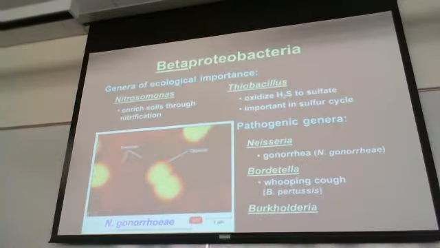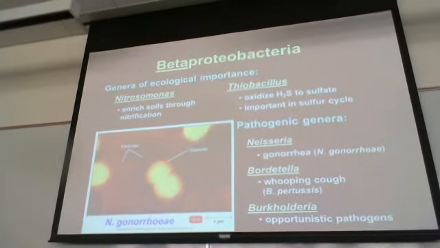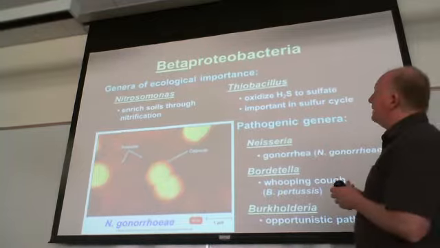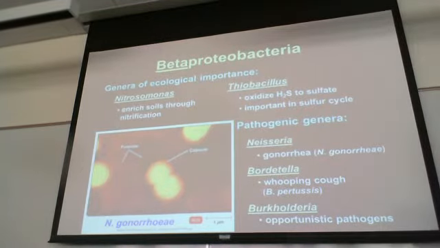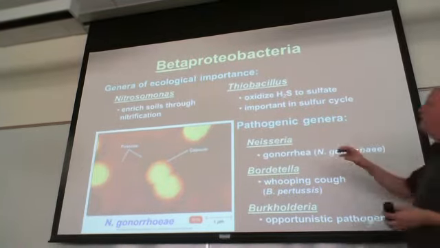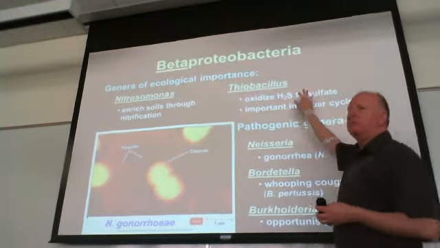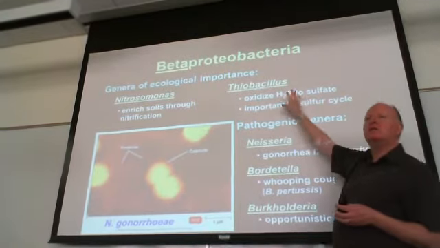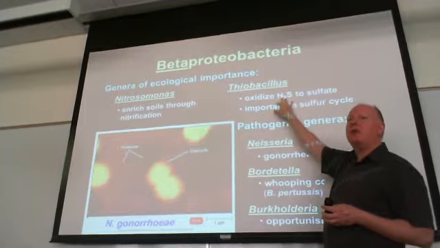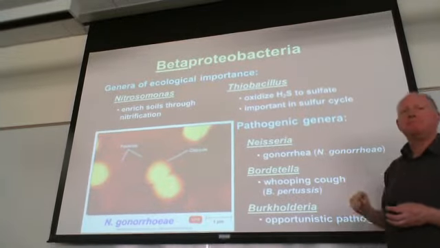The betas. Okay, again, we've got a couple of good guys and bad guys. In particular, let's say this one. If I ask you about either one, I'll ask you about this one.